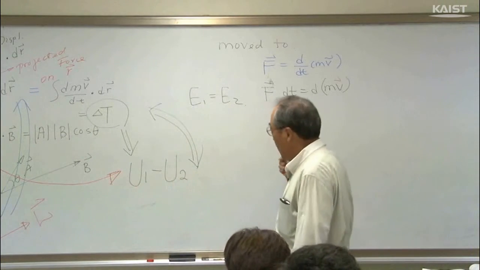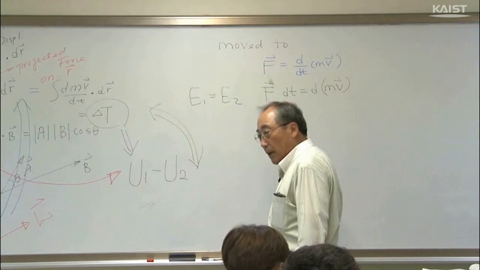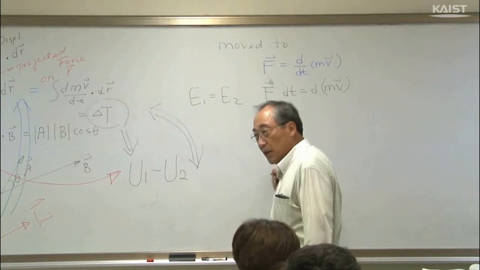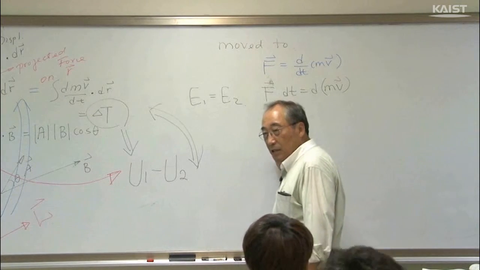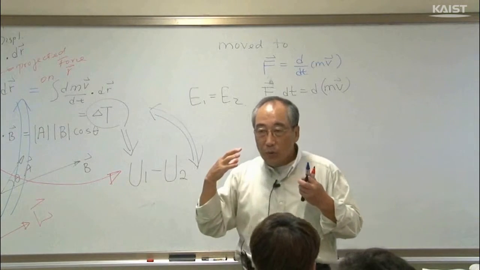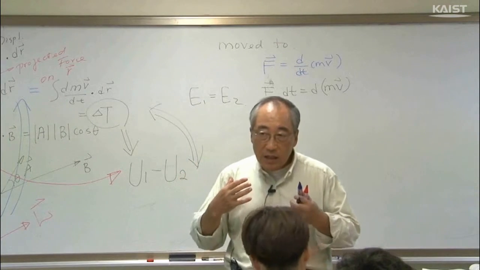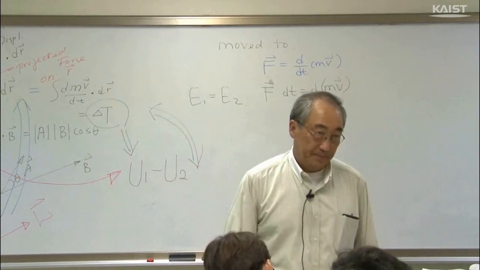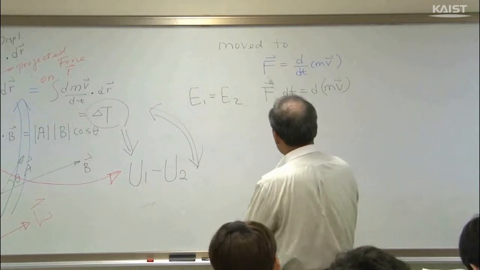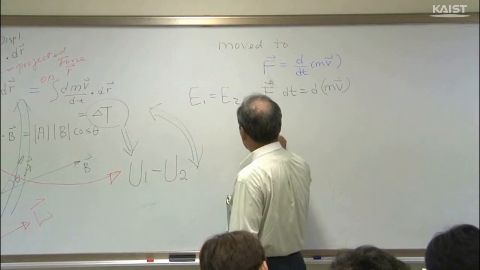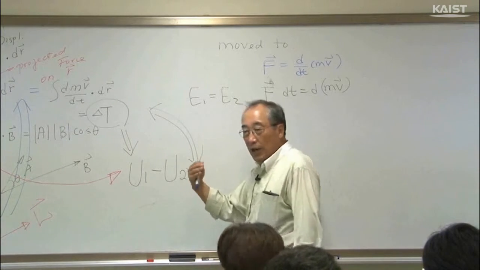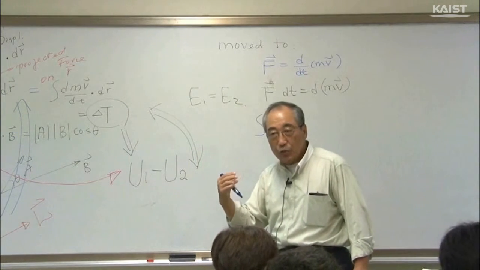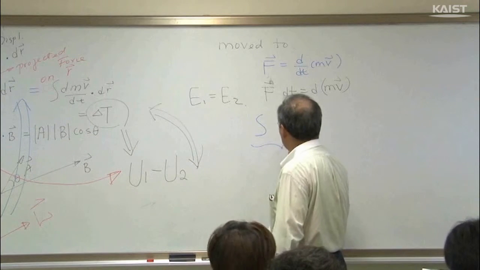But if I apply the force to this body during a certain period of time, dt, then this mass will change its so-called momentum. So integrating, in other words, I want to accumulate F dt, which we call impulse.